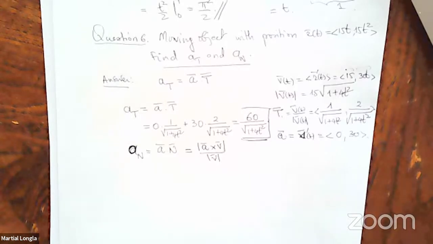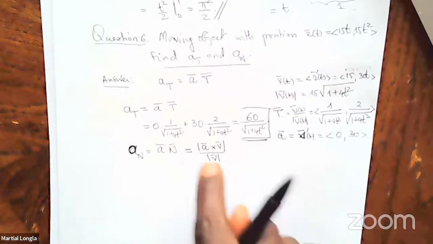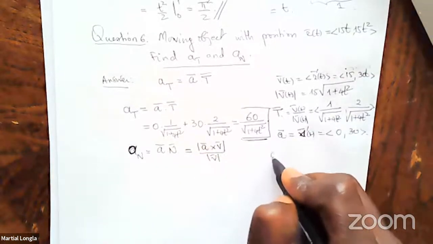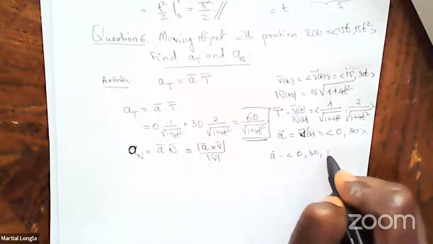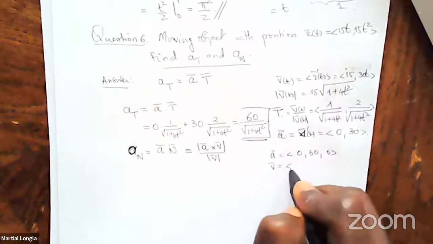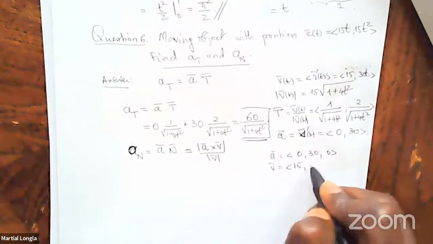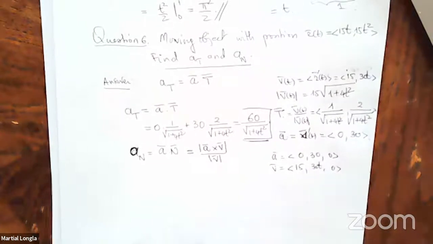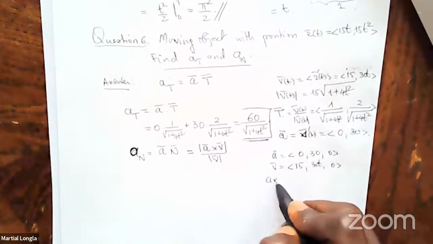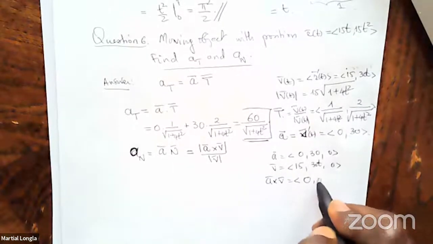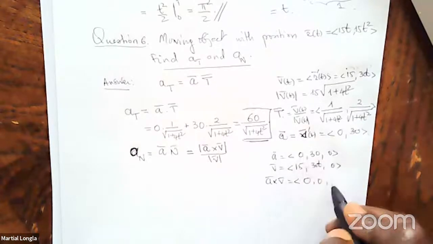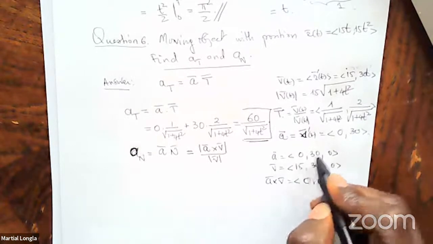And so because we already have magnitude of V, we have A and V, we have the formula. And I said to use this formula, all you need to do is just add the extra 0 to A and V. So 0, 30, then add 0 there, and V, give V as 15, 30t, and add the 0 there to be able to compute the A cross V. And that's going to always be 0, 0, and the last one is going to be negative 30 times 15.